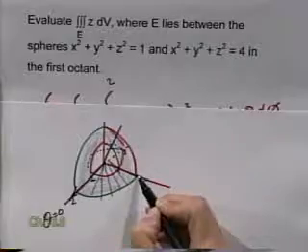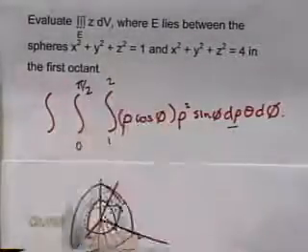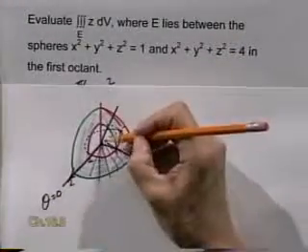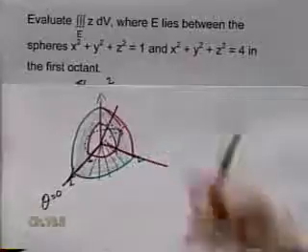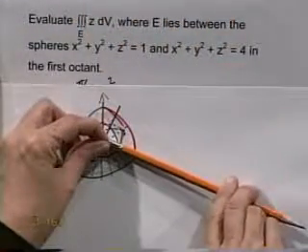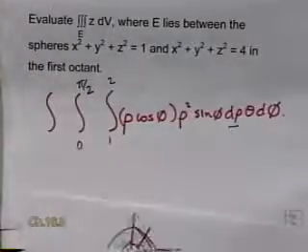Theta equals pi over 2. Okay, and lastly now, this is phi equals 0. I need that, and I've got to rotate down until I get to the xy plane, right? And that would be phi equals pi over 2.